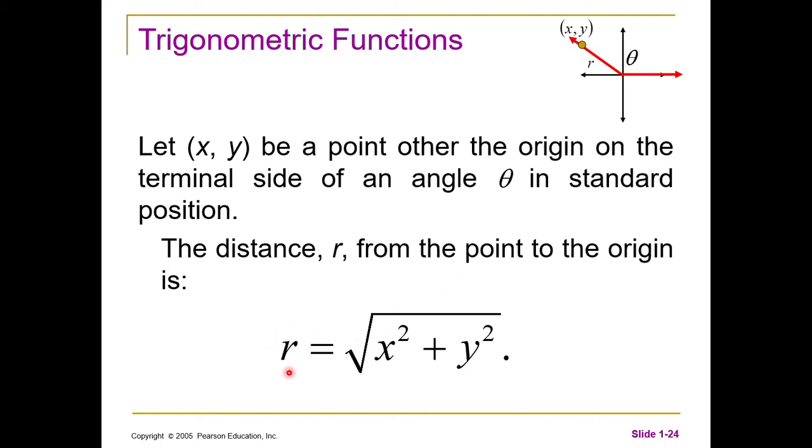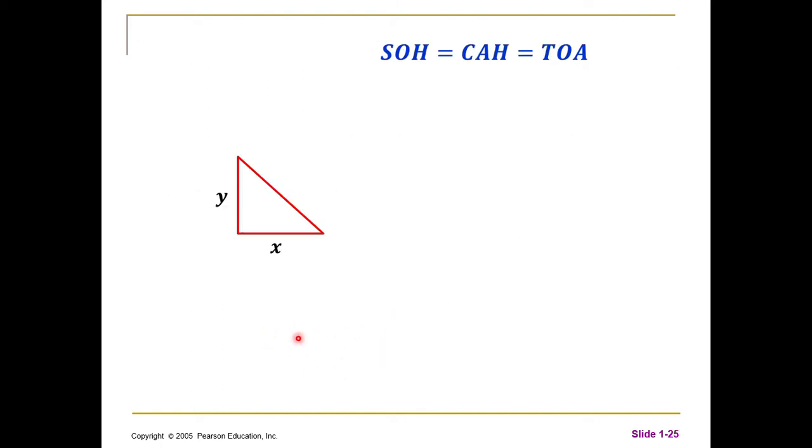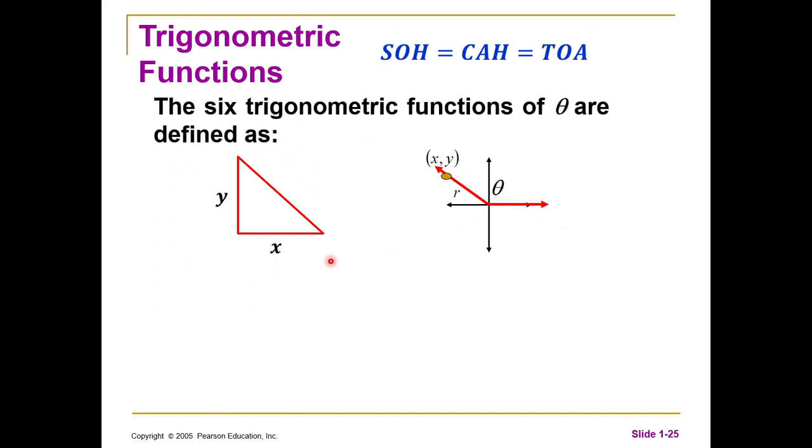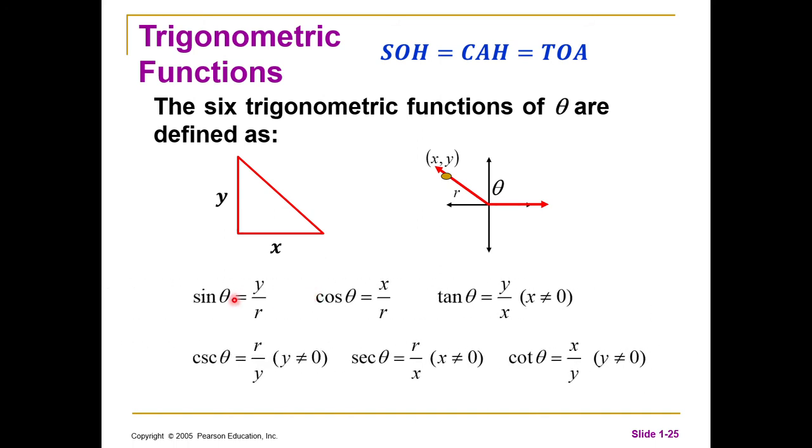Remember SOHCAHTOA? So we have x and y, and when r is missing, we use r equal to the square root of x squared plus y squared. So the trigonometric functions of theta are defined as sine theta, which is opposite over hypotenuse.